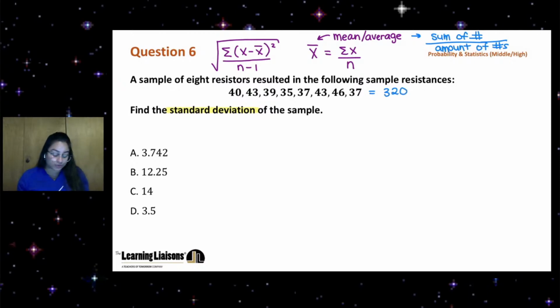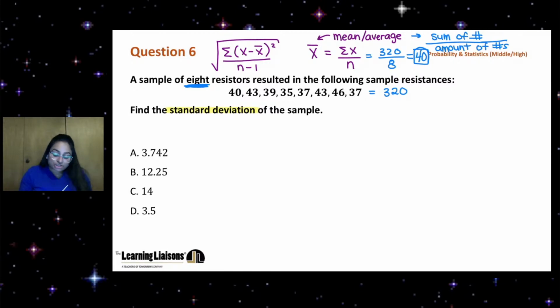It happens to be 320. Now, how many numbers do we have? We have 8 numbers. So if I do 320 divided by 8, I get 40. So 40 happens to be my x bar, my mean.